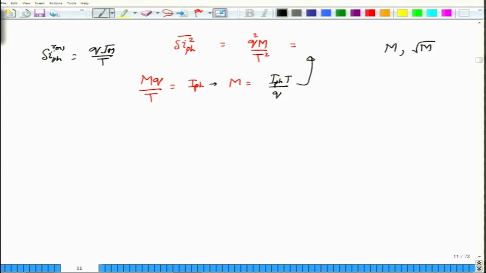Squaring the RMS gives the mean square value, or the variance, which is q square m divided by t square. I know m to be IPH t by q, therefore what I get here will be IPH q by t. And if I consider this photodetector is followed by an ideal low pass filter, whose bandwidth is about 1 by 2t.